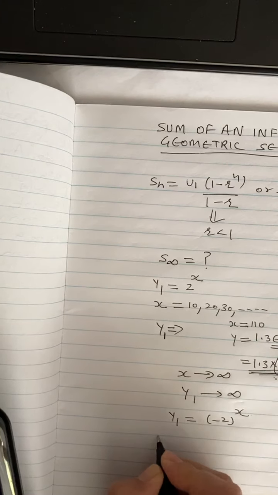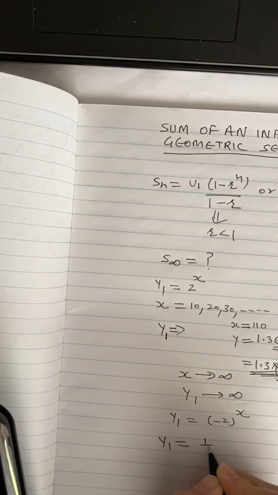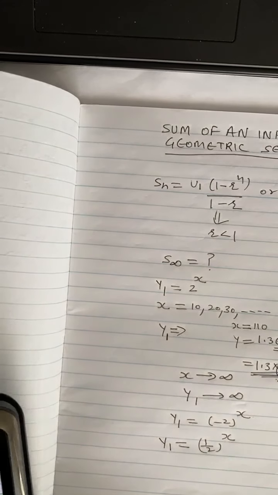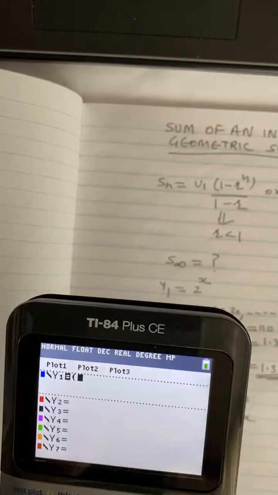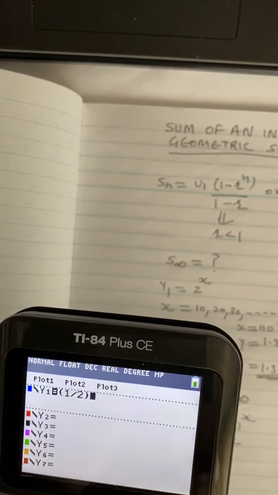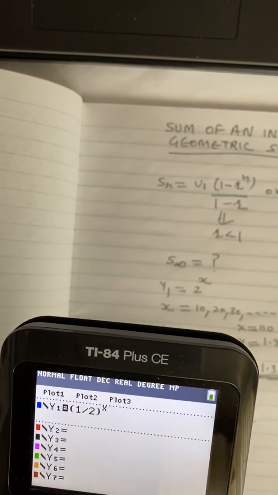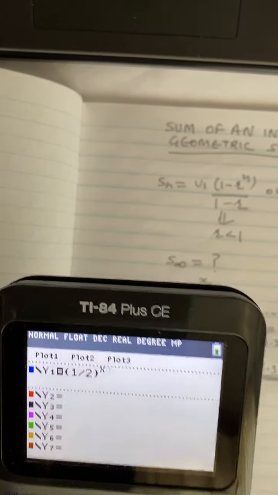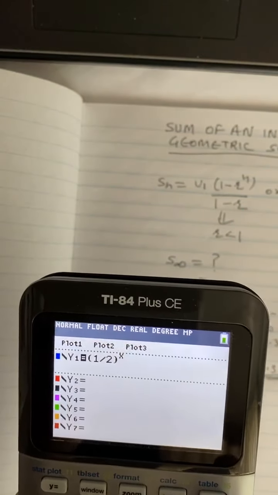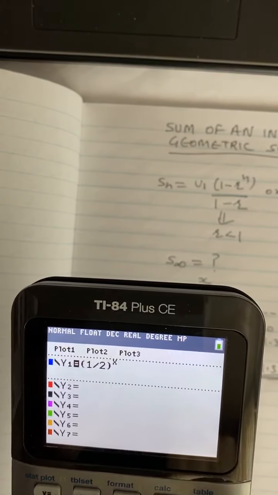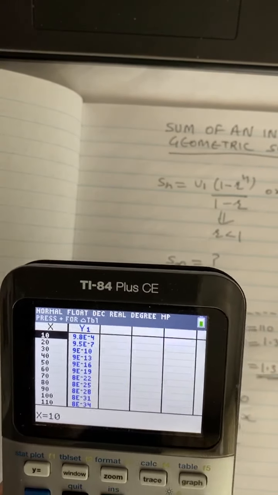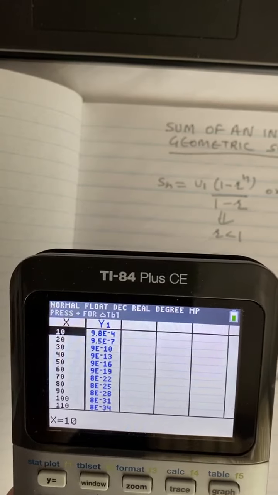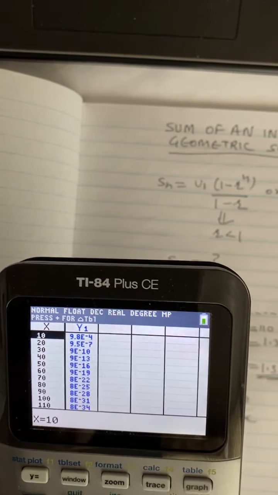Now, what if we have y1 equal to 1 over 2 to the power of x? In that case, I enter 1 divided by 2 to the power of x, and then again second table set, my table starting from 10. I don't have to change anything, or you can do 100, whatever you want. So second graph, and I can see the number is becoming smaller and smaller.